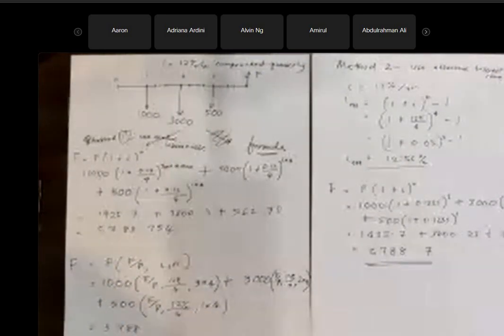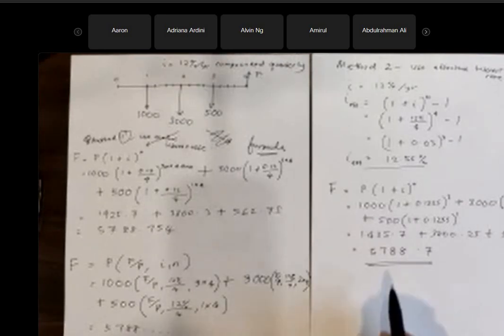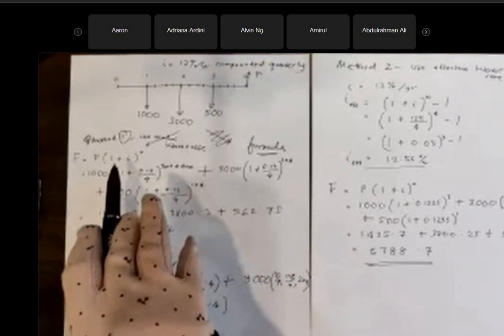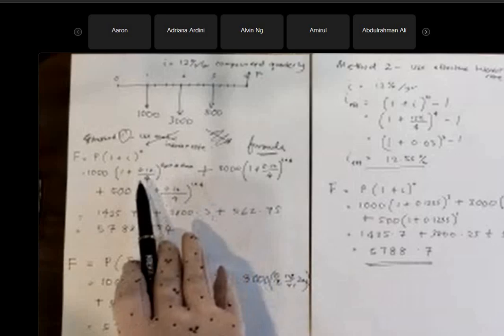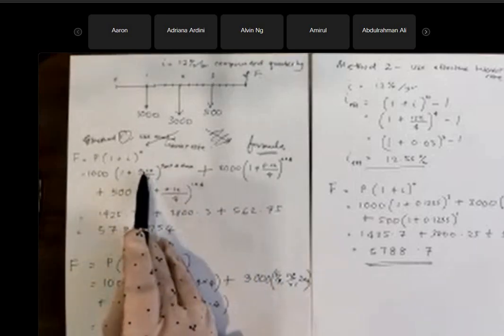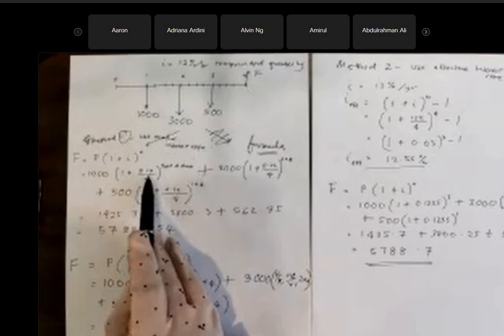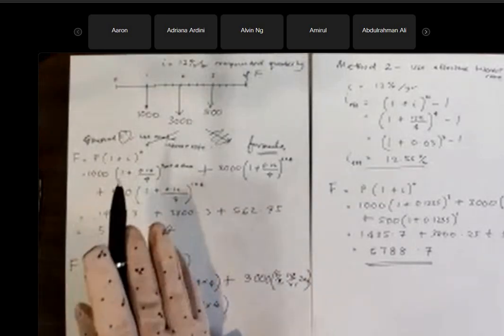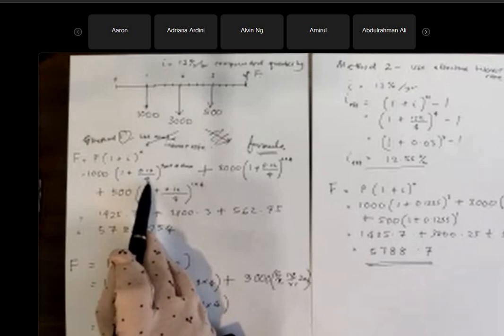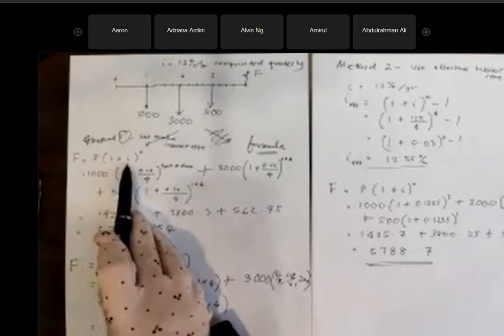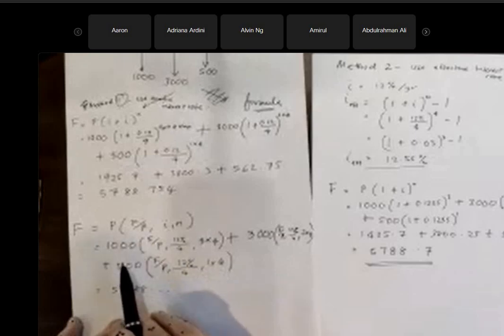Any question? You still get the same answer, and you can choose which one to use. Method 1 means nominal interest rate, and it also has two methods: nominal rate by using the formula, and nominal rate by using the table.